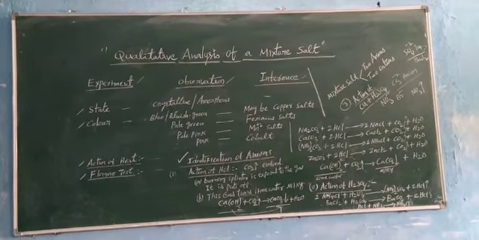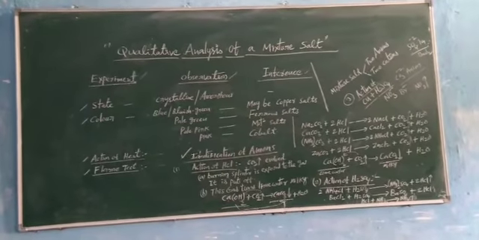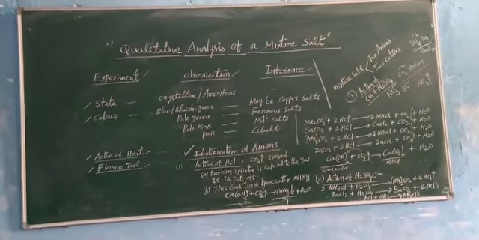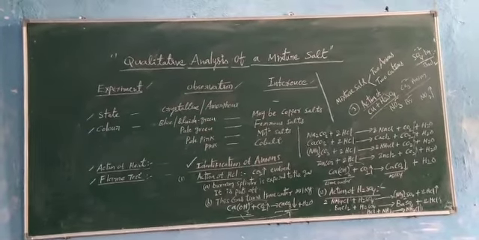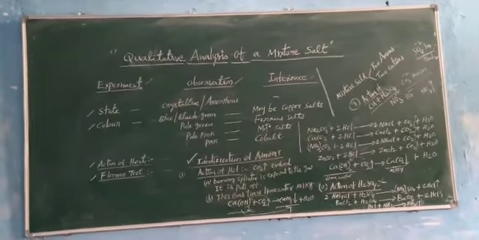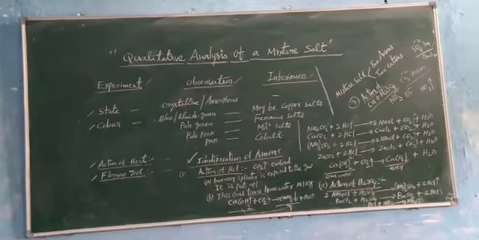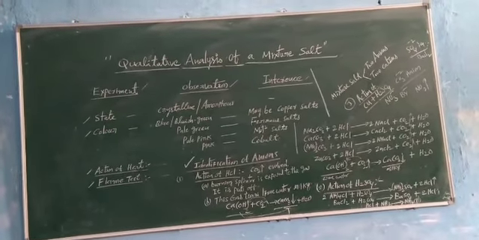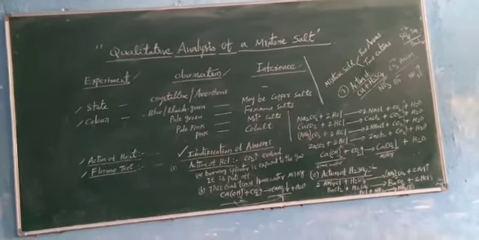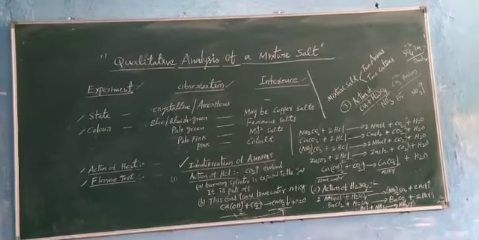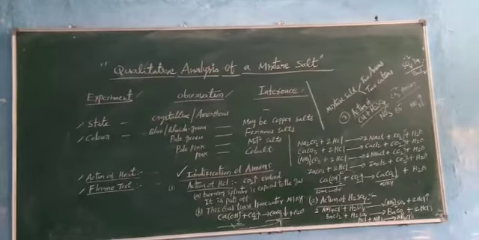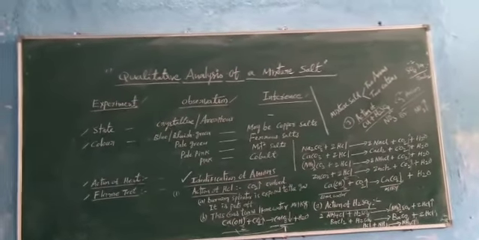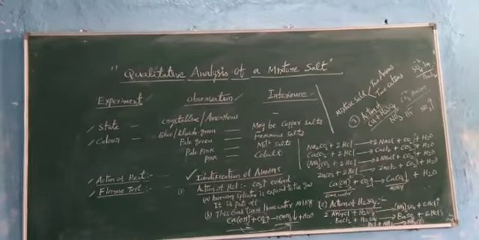So next, you know very well, confirmatory tests for anions. Action of silver nitrate solution. A small amount of the sodium carbonate extract is neutralized with diluted HNO3 and a few drops of silver nitrate are added. A white curdy precipitate is formed which is completely soluble in ammonium hydroxide solution.